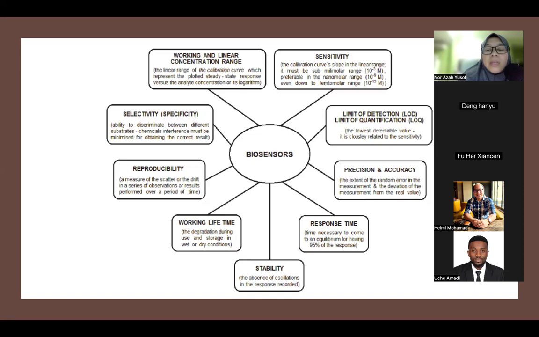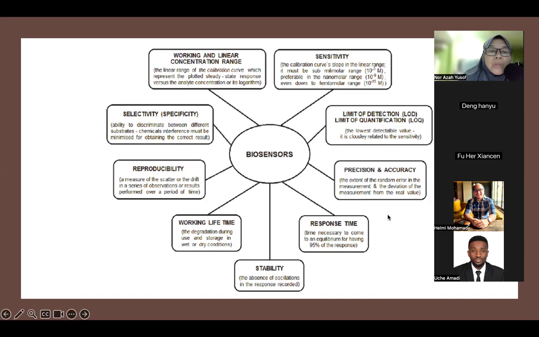If the signal fluctuates, sometimes going up, sometimes going down, then it is not considered good to be developed further into sensors. So response time is very important to be identified at the first stage of development, at the first stage of characterization.